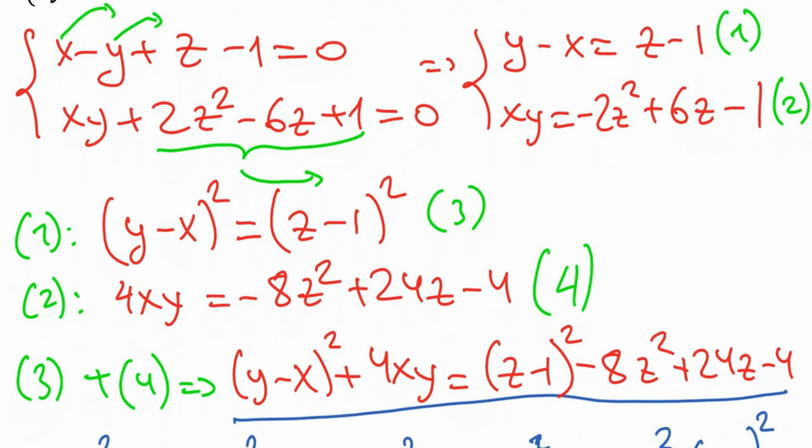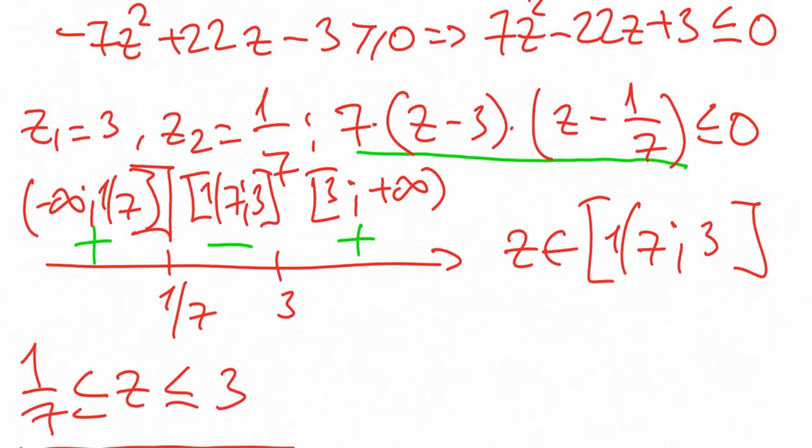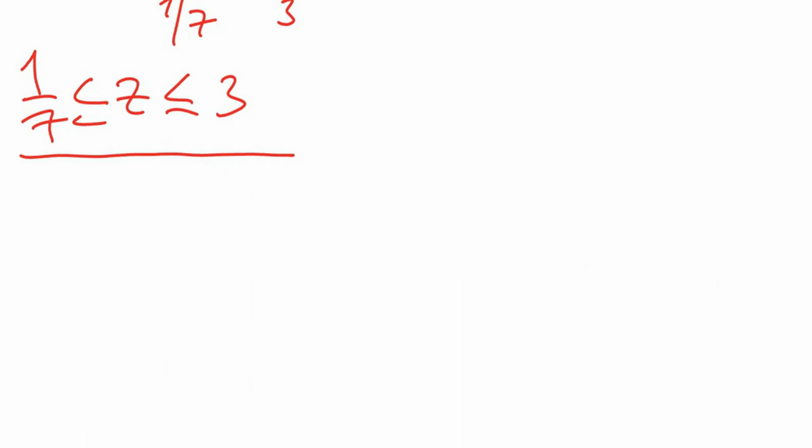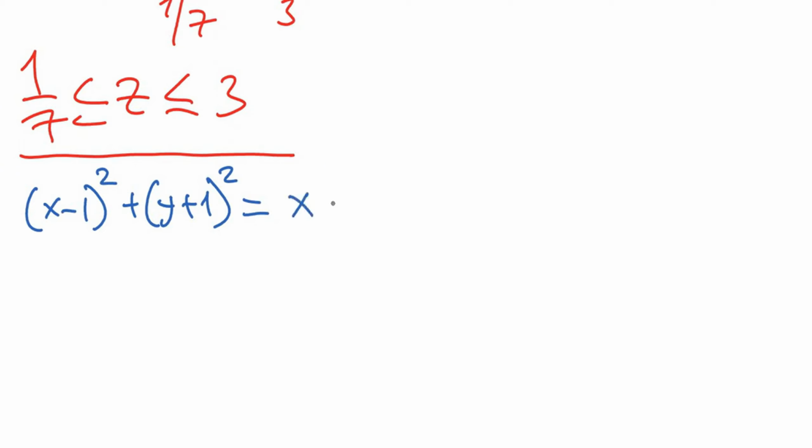So let me now rewrite this expression here: (x minus 1) to the power of 2 plus (y plus 1) to the power of 2. Now let me square both expressions. So x squared minus 2x plus 1 plus y squared plus 2y plus 1.